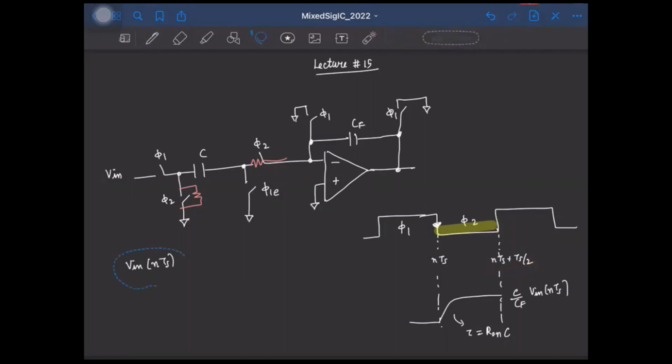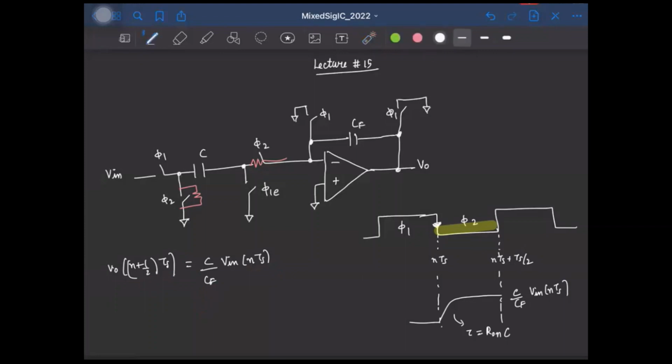The output voltage V0 at (n plus half) times Ts is simply C by CF times Vin(nTs). So the input that is sampled at nTs is available after a delay of Ts by 2 and is amplified by a factor of C by CF.